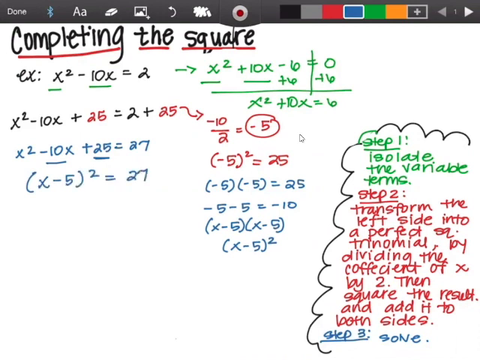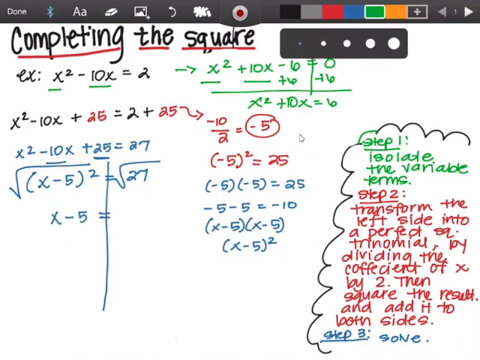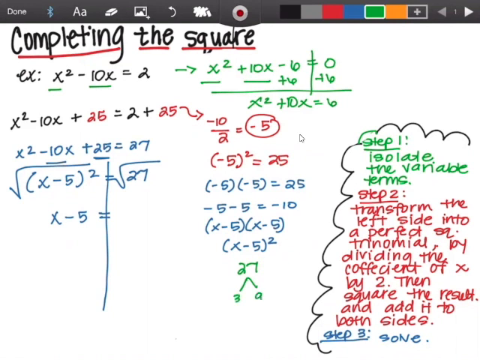We're still in the step 3 phase where we're solving to get x by itself. In order to solve something that is squared, we have to do the inverse, which is find the square root. So the square root of x minus 5 squared is x minus 5. And the square root of 27, we can find by doing a factor tree, right? We would say 27, we can chop it up into 3 times 9, and then 9 is chopped up into 3 times 3.